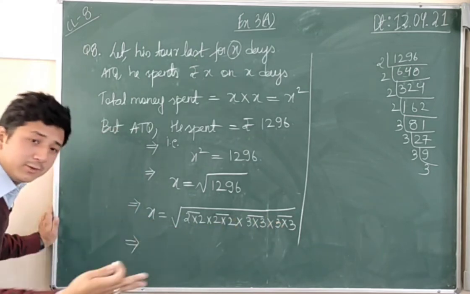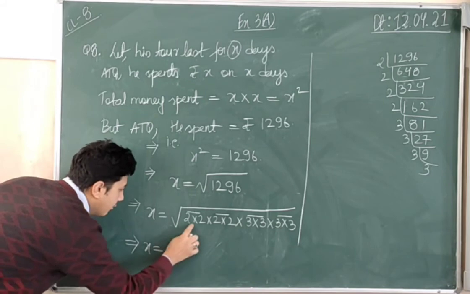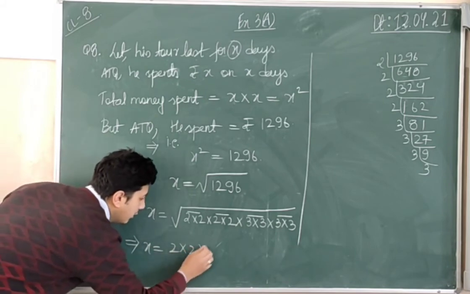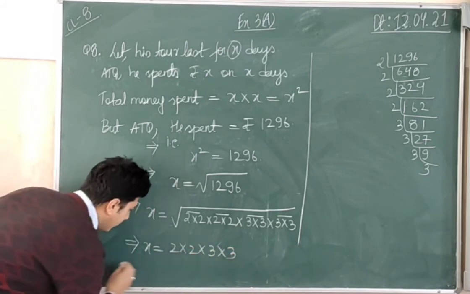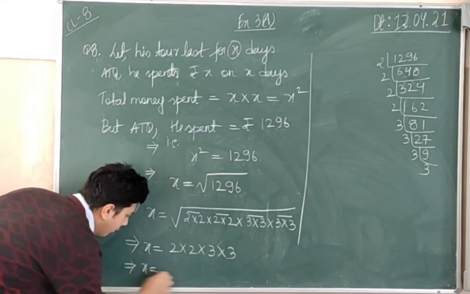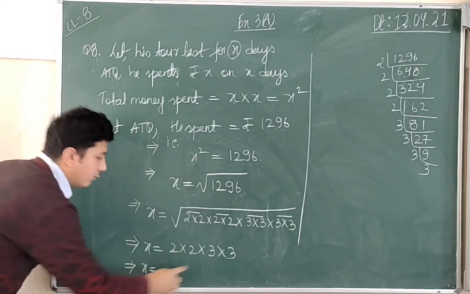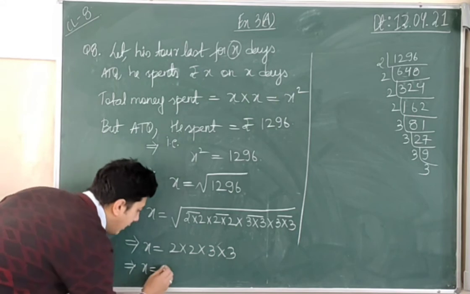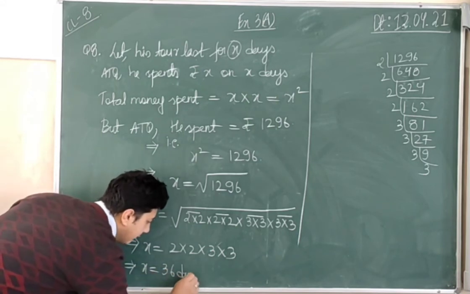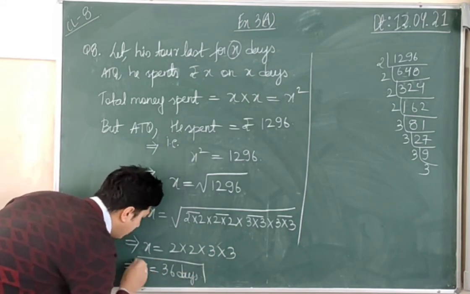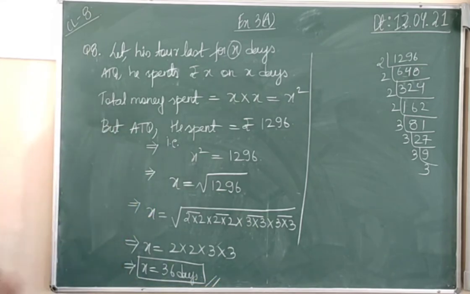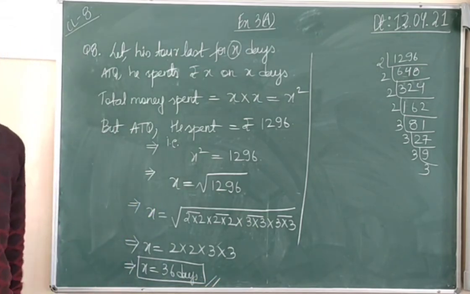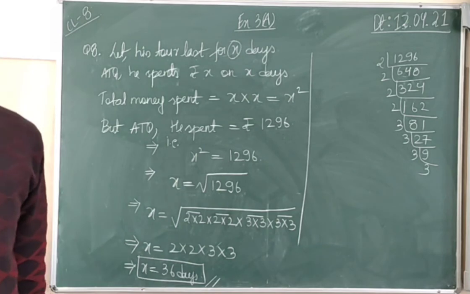So when you remove the square root, you will get 2 into 2 into 3 into 3. Am I clear? So 2 2s are 4, 4 3s are 12, 12 3s are 36 days. So he was on tour for exactly 36 days. Please pause the video and note it down.